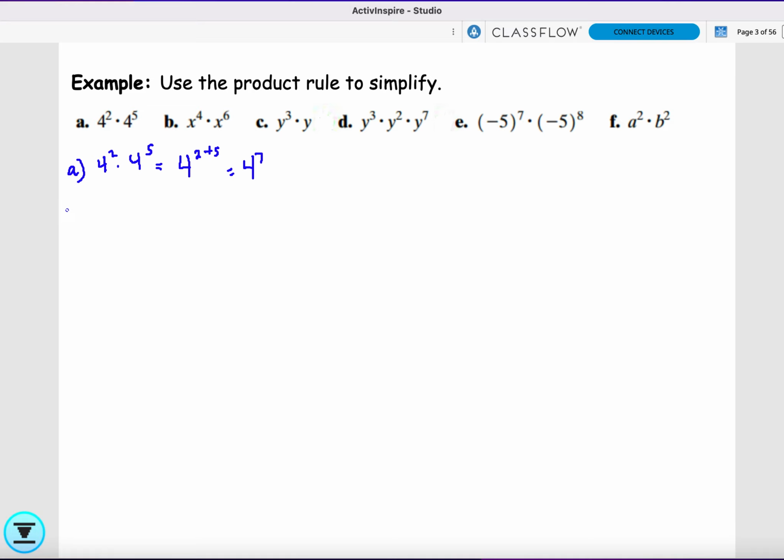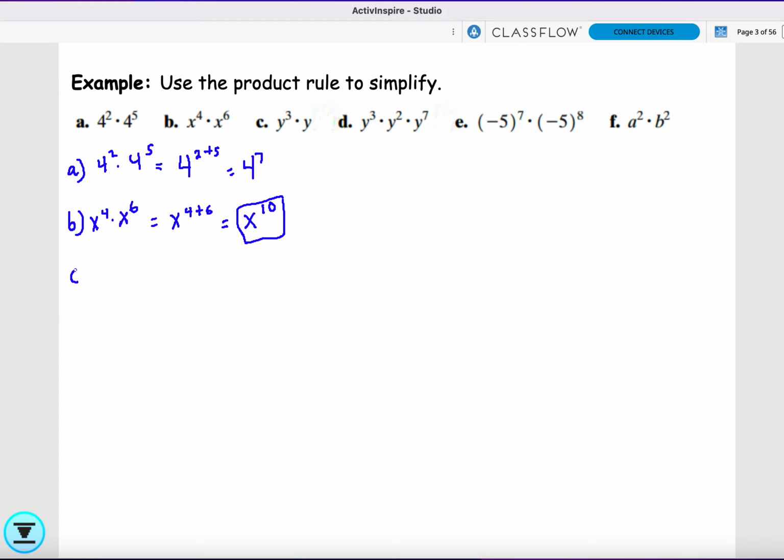So B. B is x to the 4th times x to the 6th. The same base of x's, so we keep the base there. And then we add the exponents. 4 plus 6, which is 10. So the answer is x to the 10th. This is the most simplified we can go.